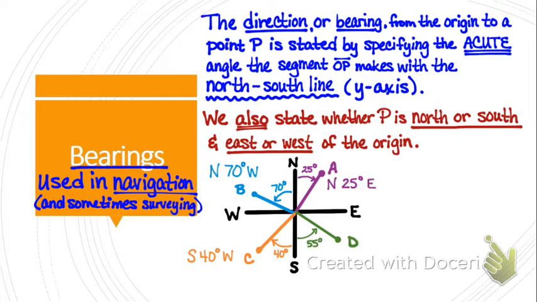I want the bearing to get from where I am at the origin to point D. 55 degrees east. Yes. South, 55 degrees east. So far, so good? Okay.